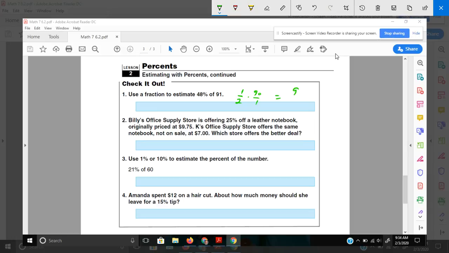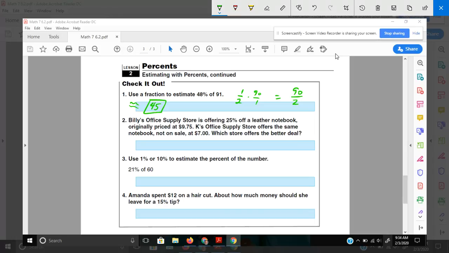So that gives me 90 over 2, which 90 divided by 2 would be about 45. Okay. Again, this is saying 50%, which is close to half. Half of 91. Well, half of 90 is 45, so that's really close, about 45.